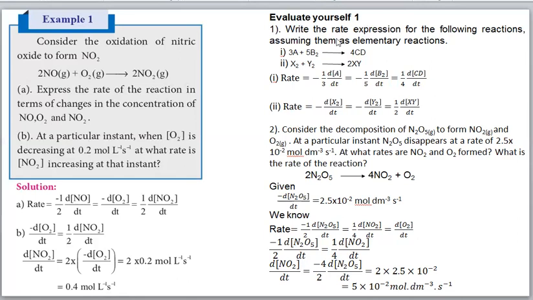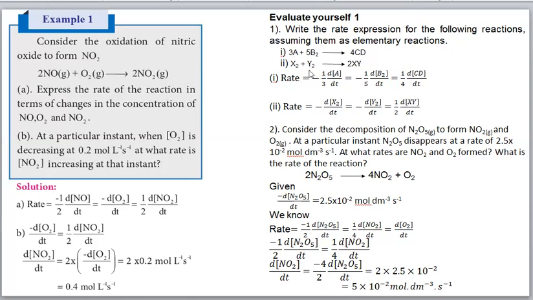Question number 1. Write the rate expression for the following reactions, assuming that they are elementary reactions. First, this question: 3A plus 5B2 gives 4CD.